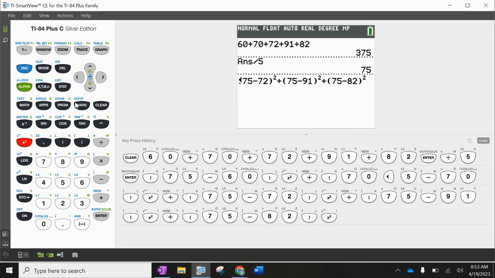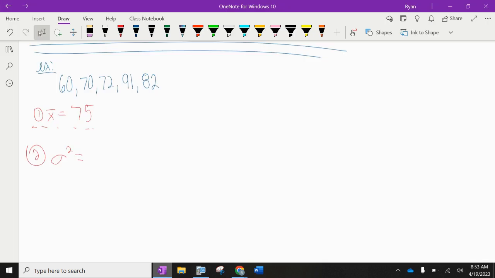So here I'm putting everything in there. I can do the mean minus the number, or all the numbers minus the mean, squared, everything added together. So this whole numerator comes out to 564. There are 5 terms again, so we're going to divide by 5.